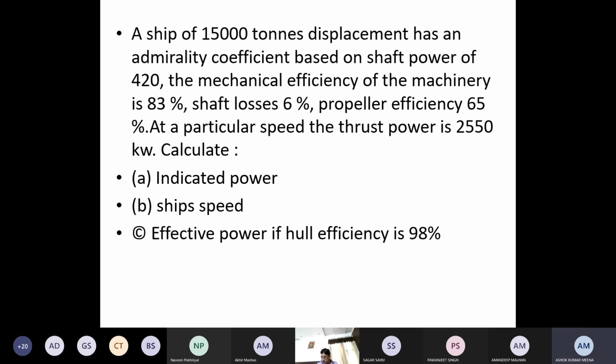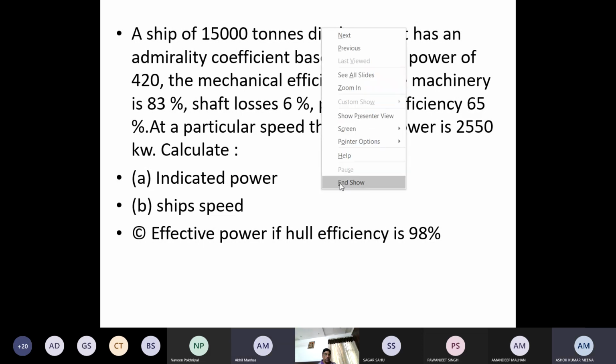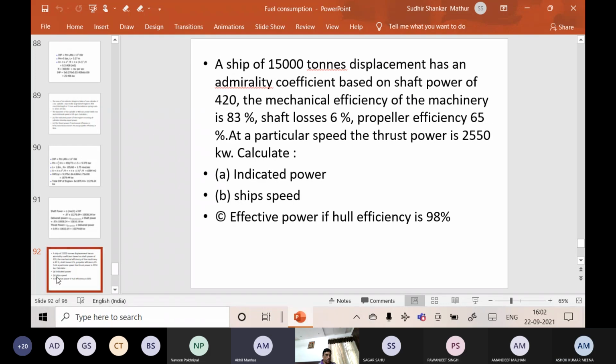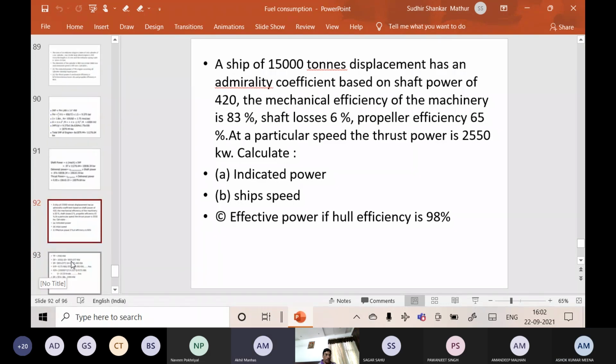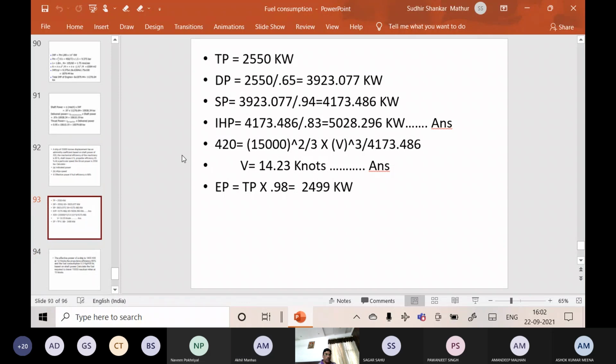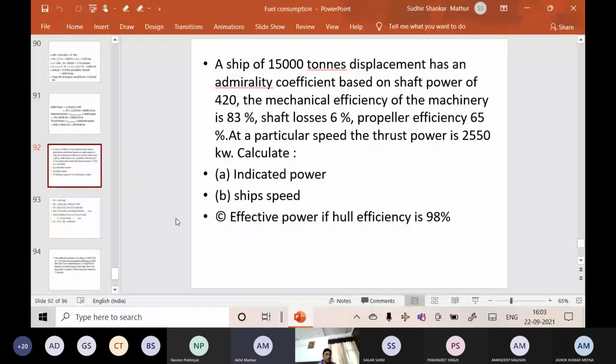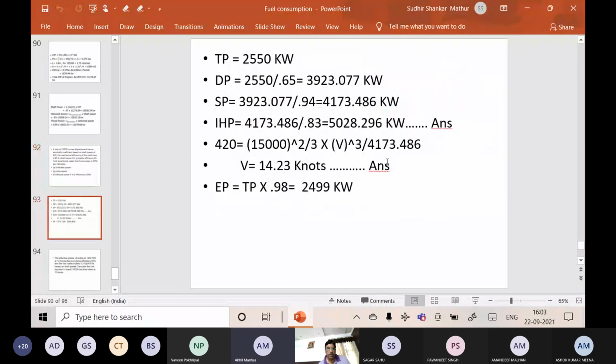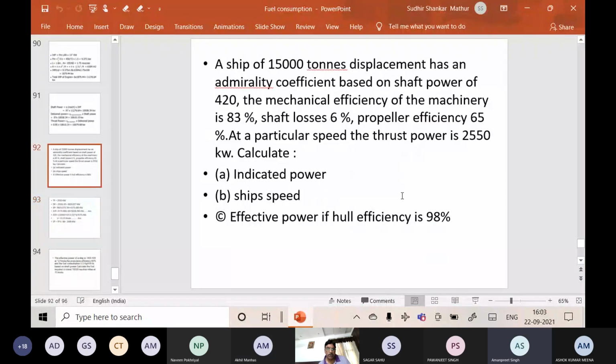4974.9. First is the indicated horsepower, and let us see. 5028.3, sir, 5028.19. 5028 is okay. That part is correct.